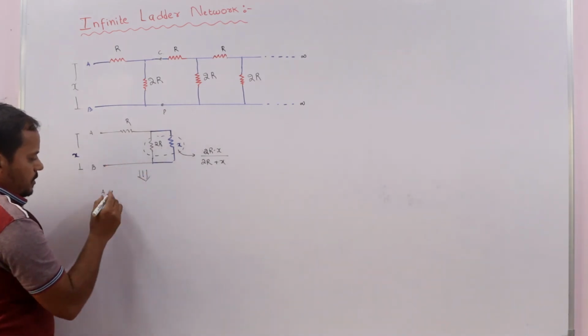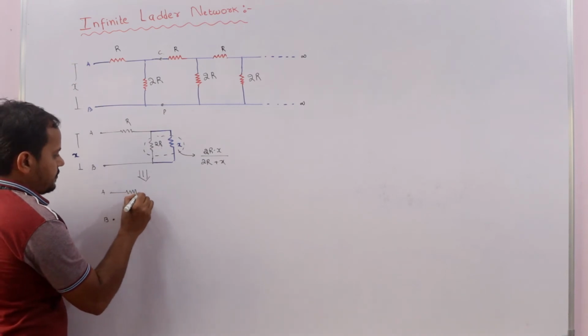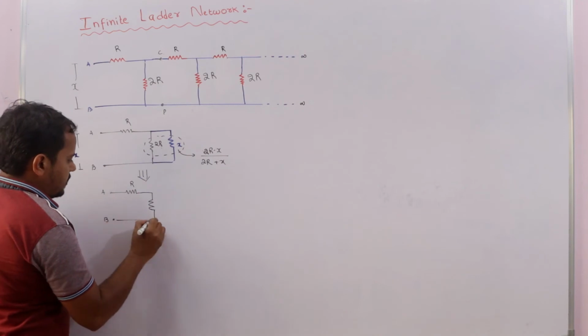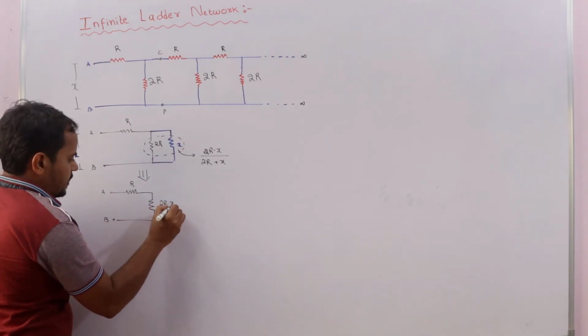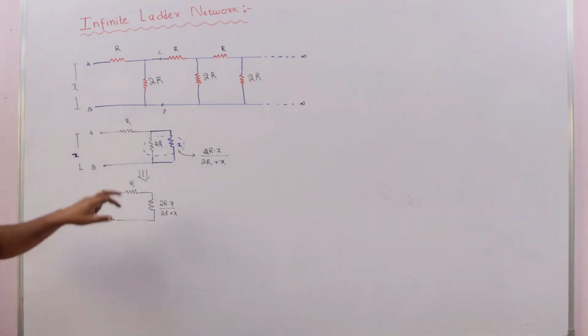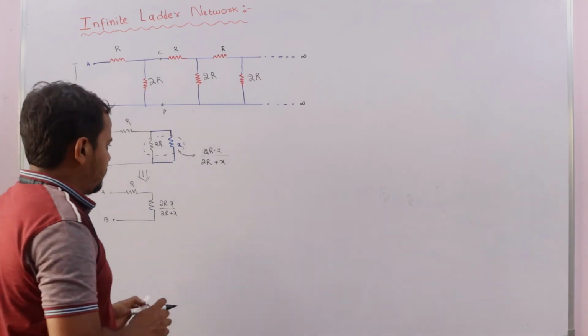Now we are going to draw another diagram with R, and the second resistance is 2R into X by 2R plus X. This is reduced by the successive reduction method, which we discussed in our previous classes.